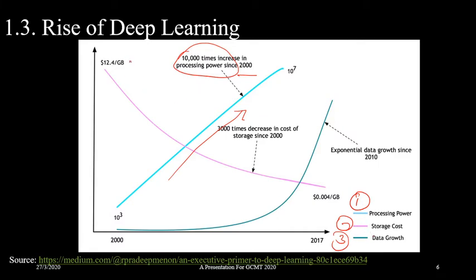As you can see from here, 12 USD per GB becomes 0.004 dollars per GB. So you see the decrease is a lot, and also we have an exponential data growth since 2010. All these three factors contribute to why we have deep learning now.